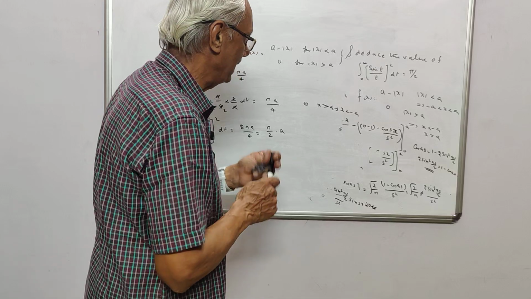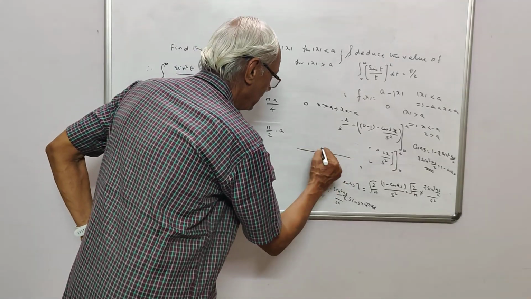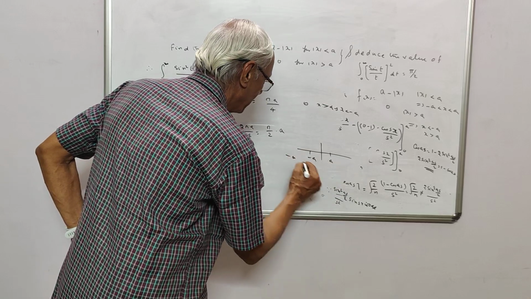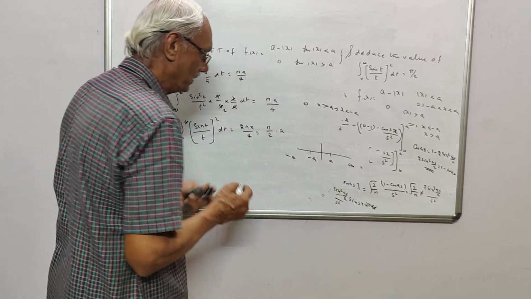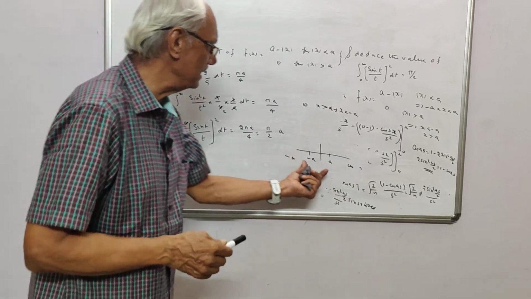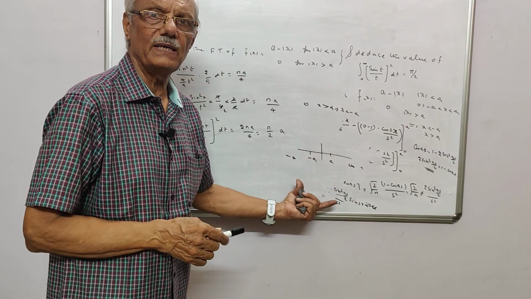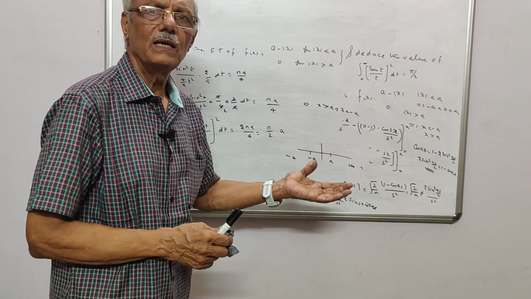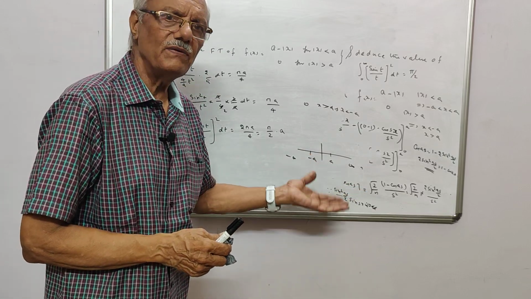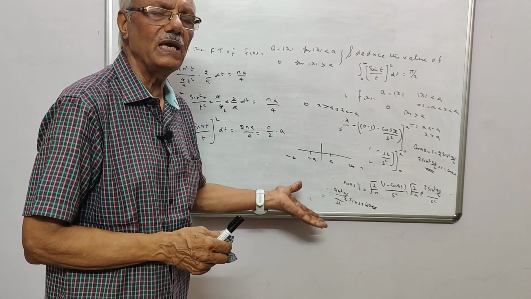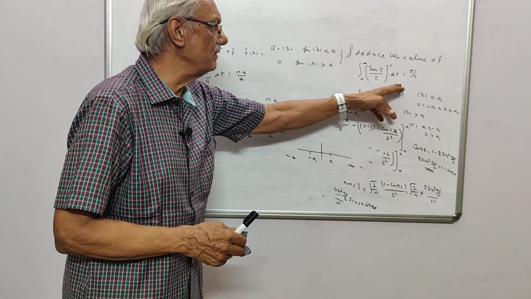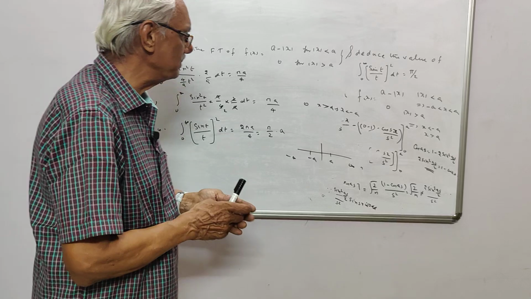I told you that this is minus infinity, it is like this, minus a to plus a. It is minus infinity to plus infinity. This minus a to plus a is after all a subset of minus infinity to plus infinity, and this a is after all an arbitrary point. You can even take 2 or 3, whatever you want. So from the answer that is given to me, I feel that a must be taken as 1.